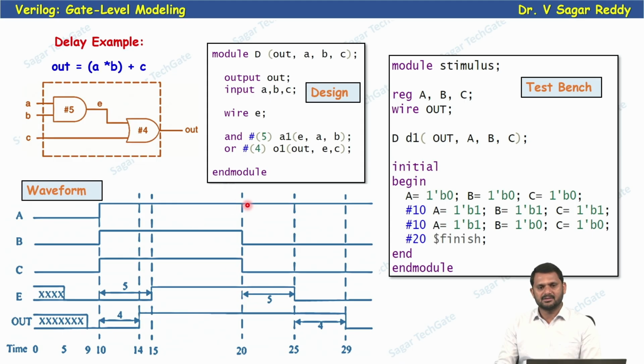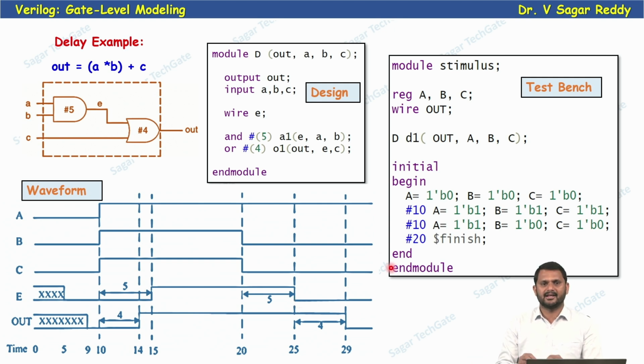In the ideal case, with 0 delay, the output would be 0 at 20 time units only. But it takes 5 time units of delay to get output 0. Clear? I hope you understand this example.